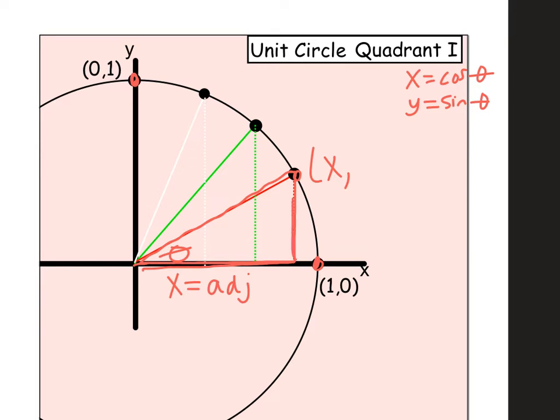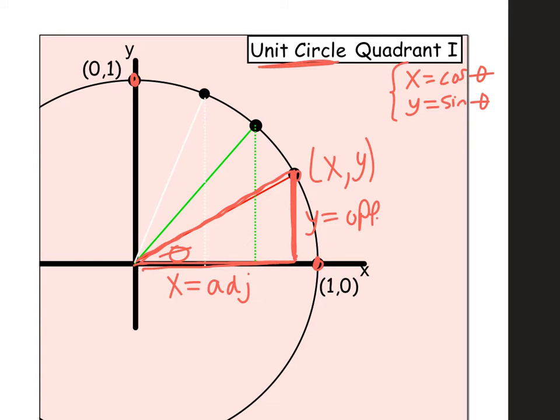The y-coordinate of the point is that distance, which is the opposite side length to our angle theta. The whole thing that makes this work is that the hypotenuse is 1, because we are on the unit circle.